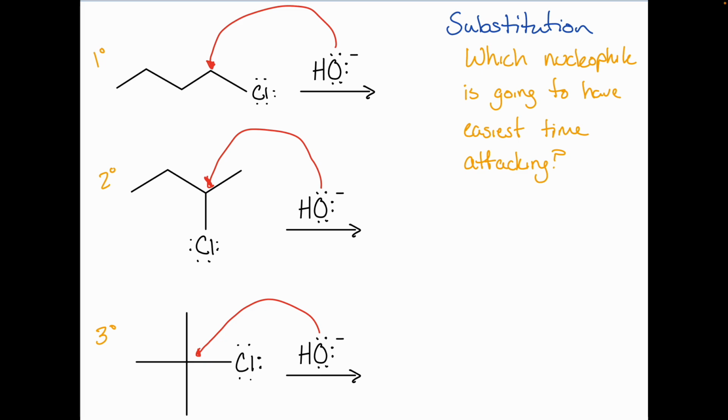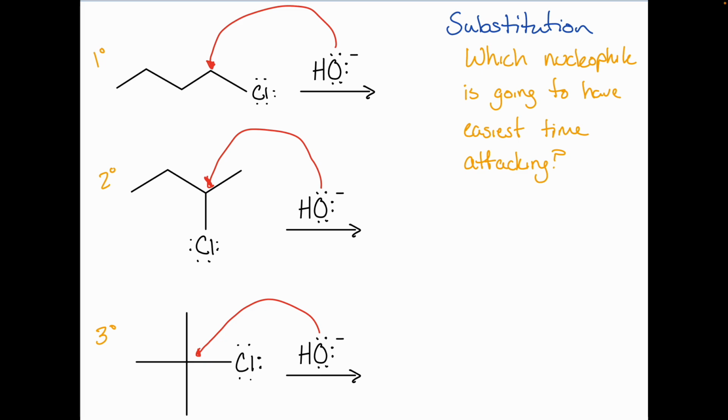That nucleophile has to go and form a new bond with that electrophilic site. So it's got to get in there and react with that carbon. Well, in which one of these examples is that nucleophile going to have the easiest time reaching that carbon? Primary, secondary, or tertiary?